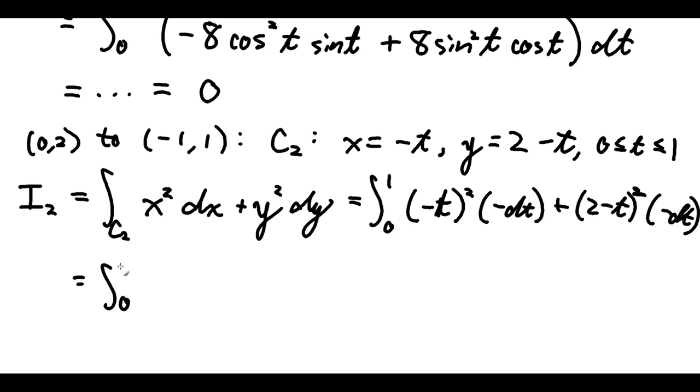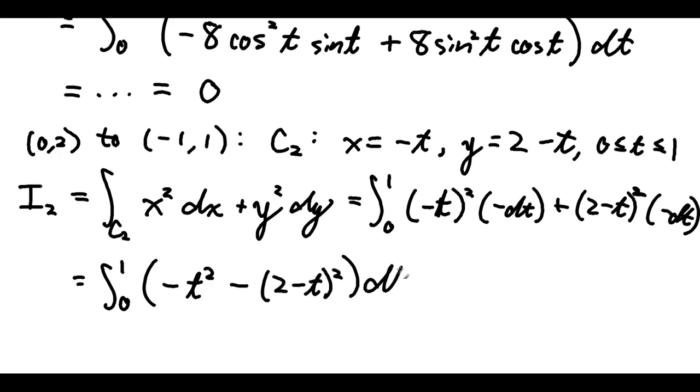So the integral from 0 to 1 of negative t squared, well, let's make that minus, 2 minus t squared dt.